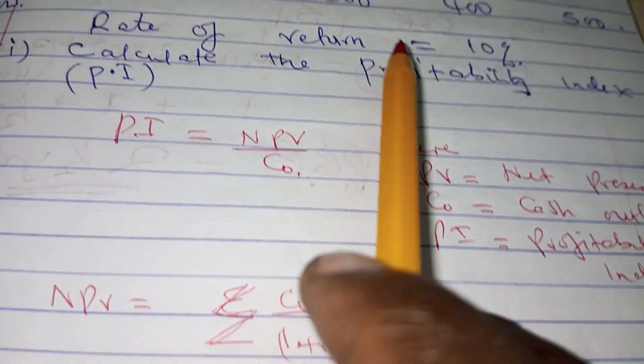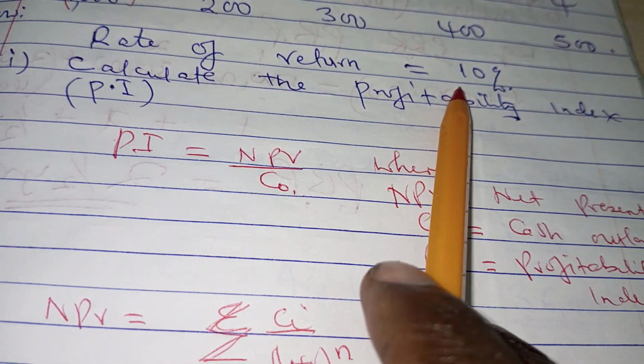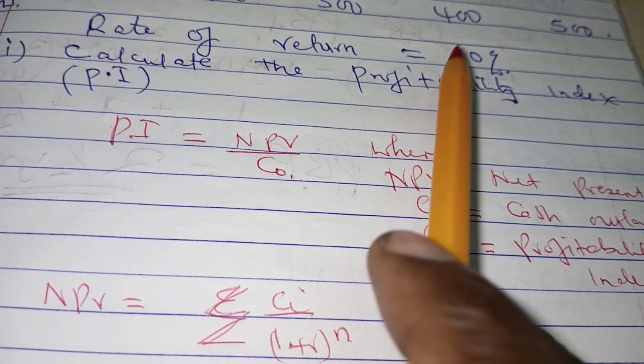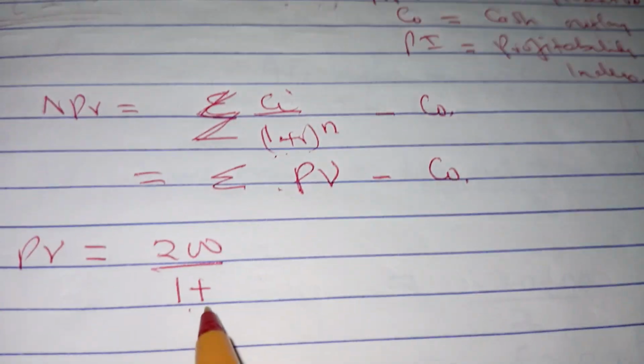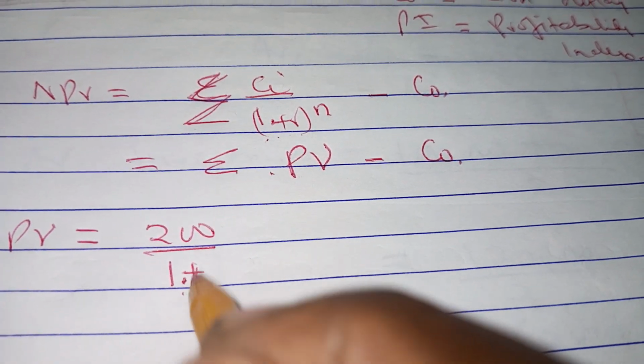R is given as 10%, and 10% becomes 0.1 because 10 divided by 100 is 0.1. When we say 1 plus R, we are simply saying 1 plus 0.1, and therefore that becomes 1.1.